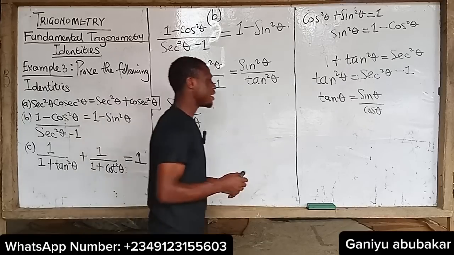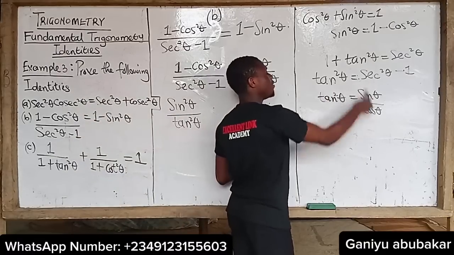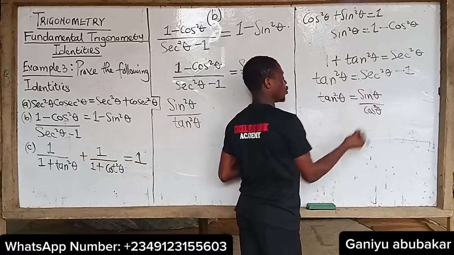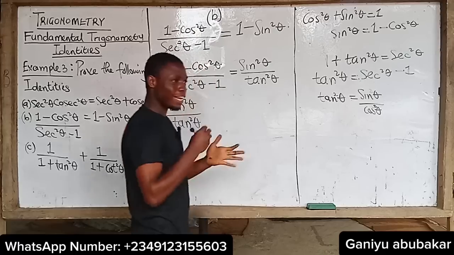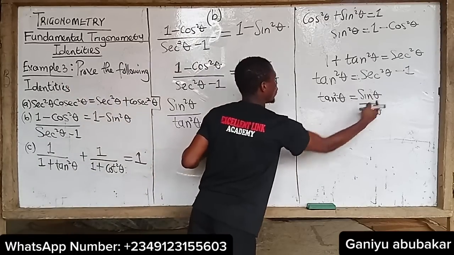I'm having tan squared theta. If I put a square here, it means everything will have a square, a square here and a square here. So I can replace the value of tan squared theta as being equal to sin squared theta over cos squared theta.